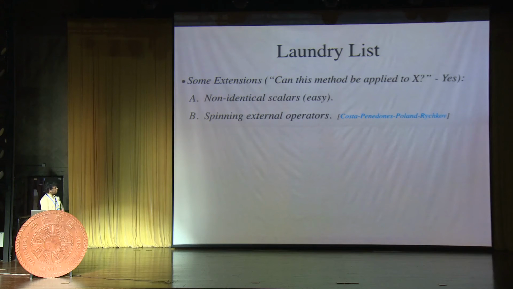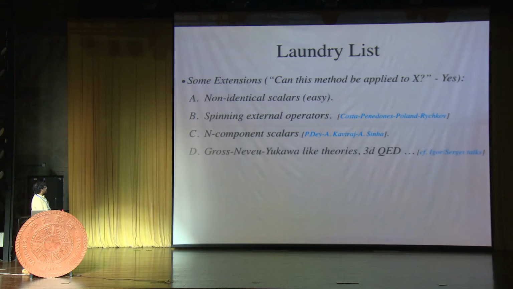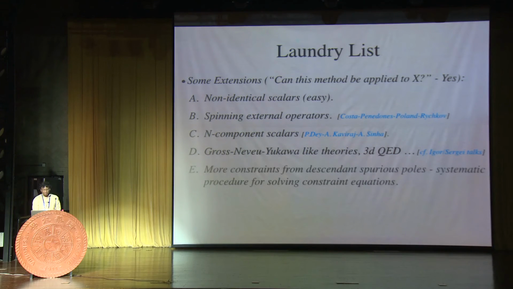I think much of the machinery has already been developed. It's again straightforward to generalize to n-component scalars. We heard in Igor and Sergei's talk interesting conjectures, statements about Gross-Neveu-like theories, 3D QED, and so on. And perhaps one could access them once one generalizes these.